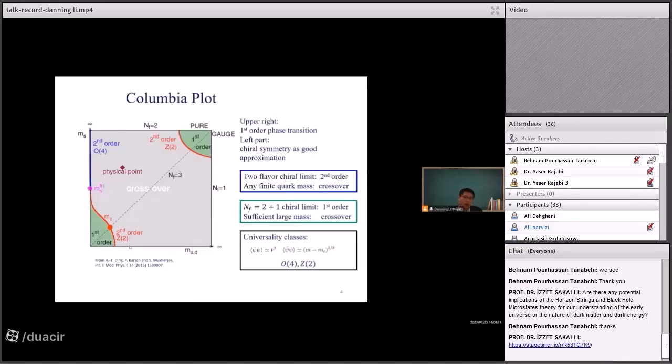By analyzing the critical behavior of the second order line and extracting the critical exponents, one can identify the universality classes. The results show that the second order line is divided into two segments: one belongs to the O(4) class and one belongs to the Z2 class. So a successful, consistent holographic model should describe such behavior, at least qualitatively.